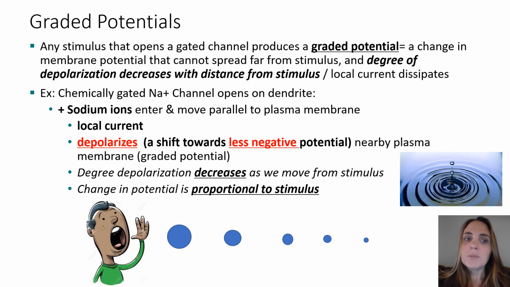The degree of depolarization, which means changing the membrane potential to a less negative number, for example from negative 60 to negative 50, decreases the further away we get from the stimulus, meaning that the local current that's been created is dissipating.